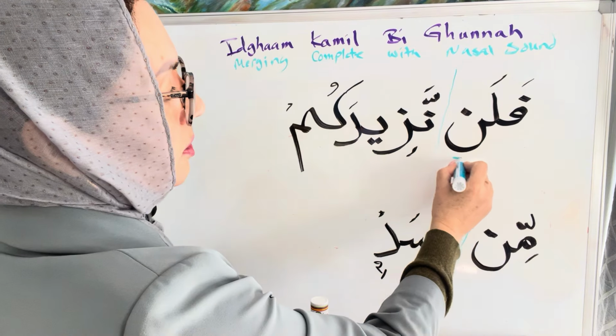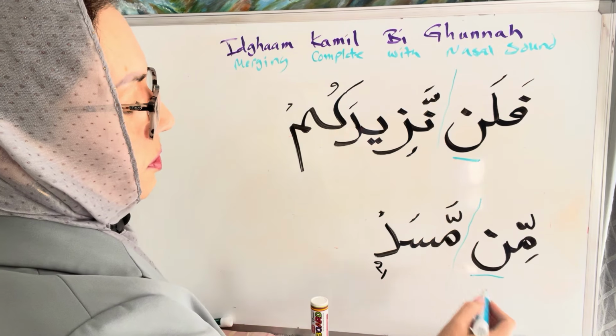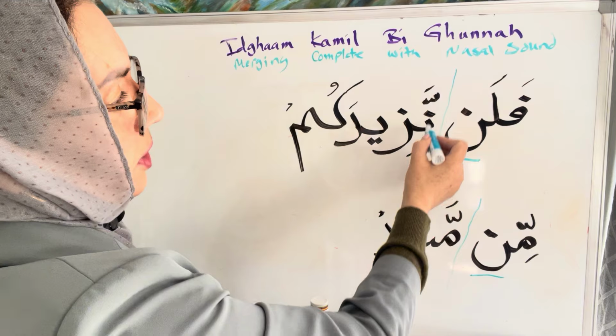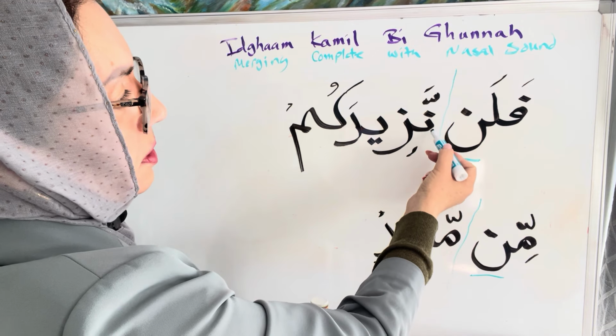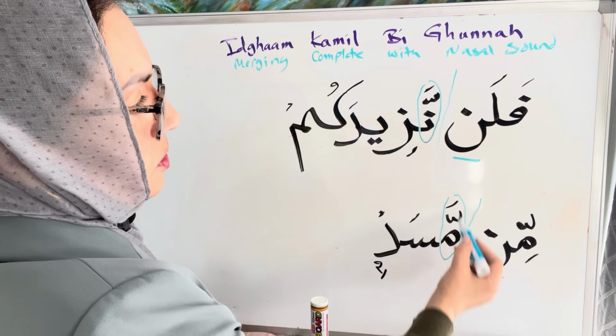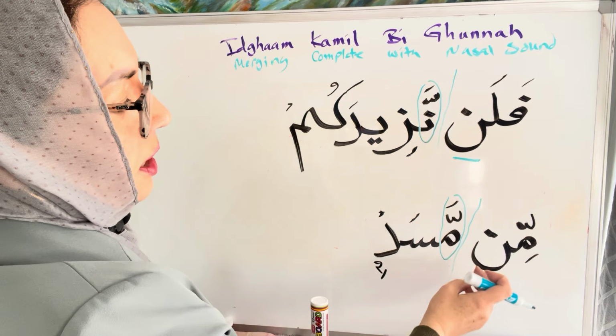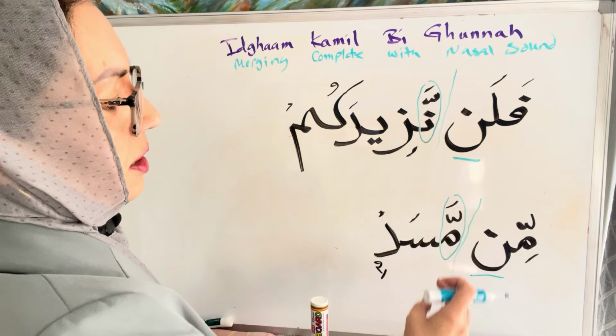So our focus here is on the noon. Here's the noon, and right after that we have another noon. See, there's another noon with the shadda on it. And then here we have a meem with the shadda on it. So noon and noon with shadda. How do we read this? And noon and meem with shadda on it. How do we read this?